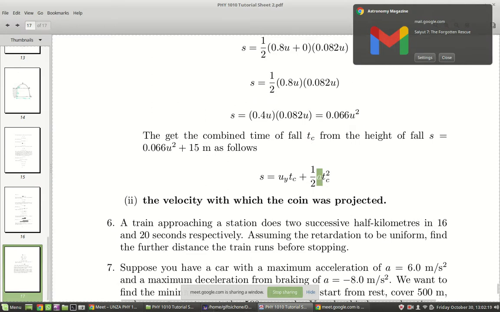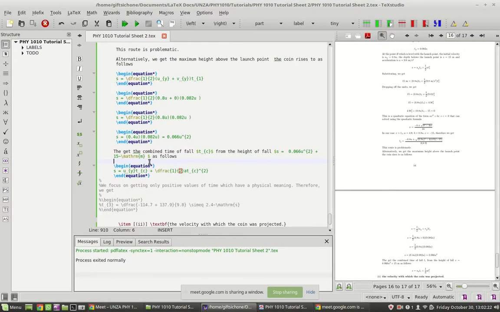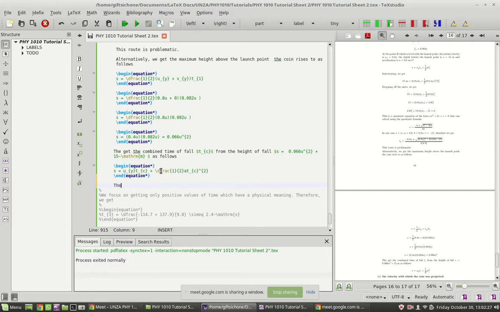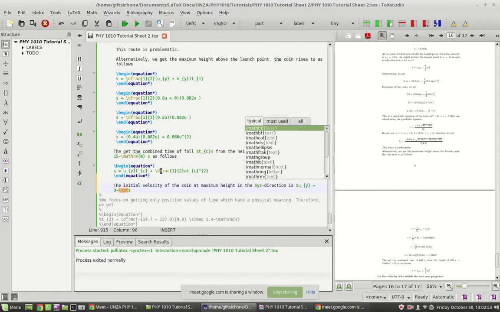However, the initial velocity of the coin at maximum height in the y direction, u_y, is equal to 0 because that's maximum height. So we're starting from maximum height. Meters per second.